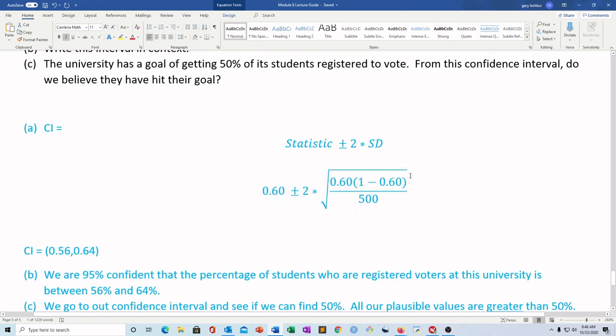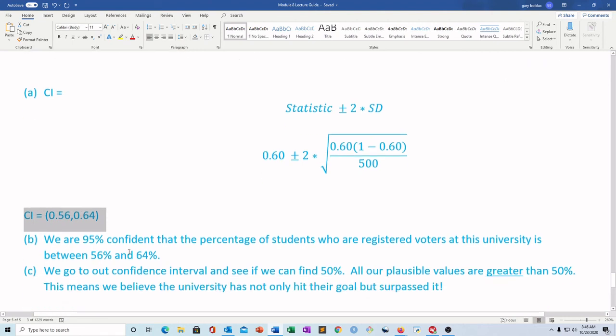So square root of p hat, our statistic, which you already told me was 0.6, times 1 minus p hat, again 0.6, divided by n, our sample size, 500. I throw this all into the calculator, and I get the confidence interval, 0.56 to 0.64.